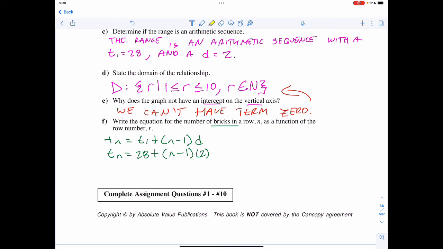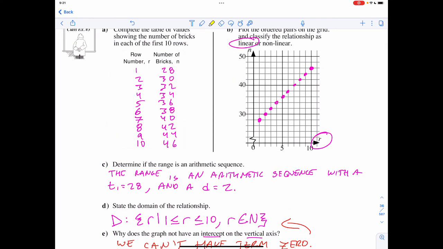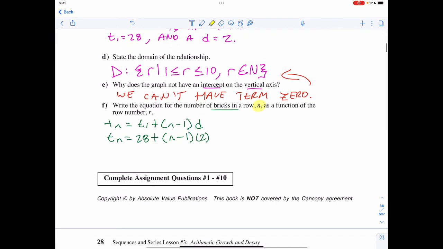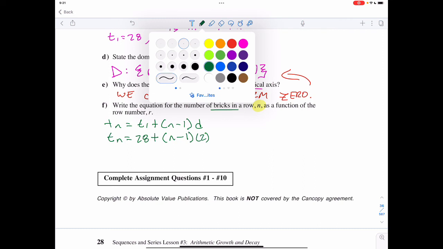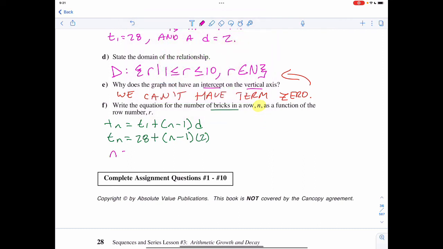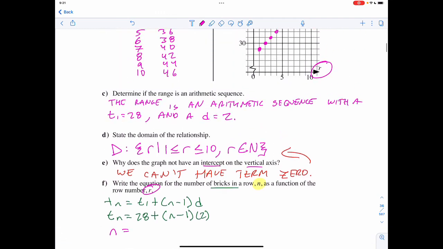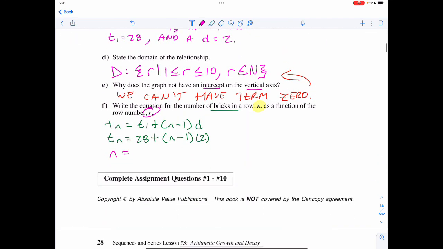But we need to remember that in our formula, n was still n, but that is representing my term value. So I need to replace Tn with just n. R represented my row number, which is my x value in here. Which is going to replace my n in my general formula.